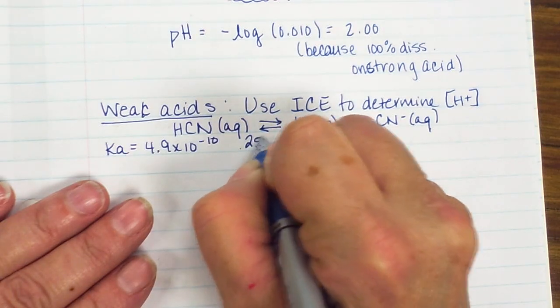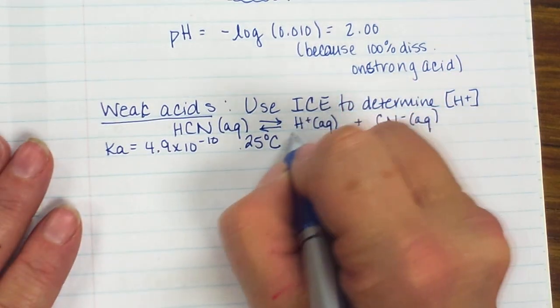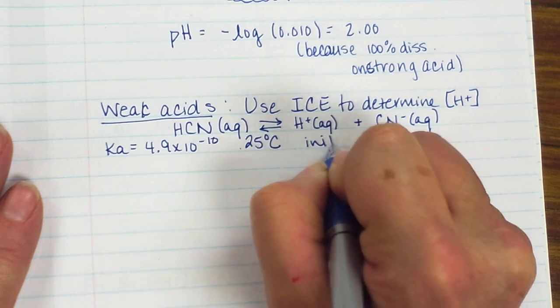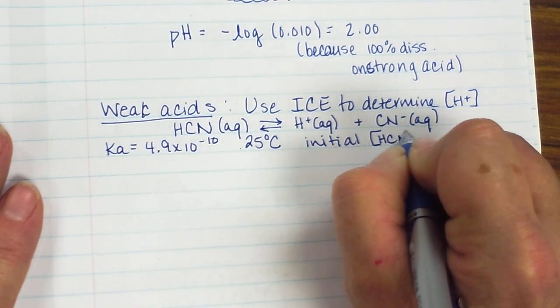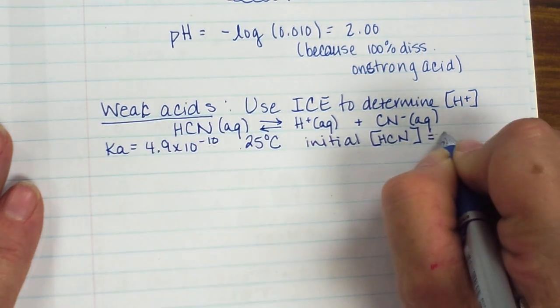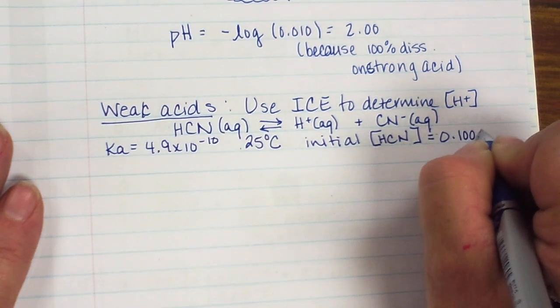So it's at 25 degrees Celsius, and your initial concentration is equal to 0.100 molarity.